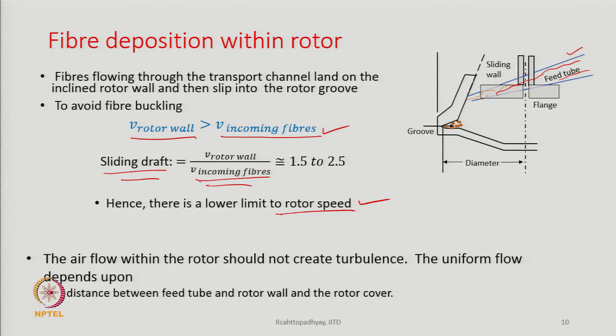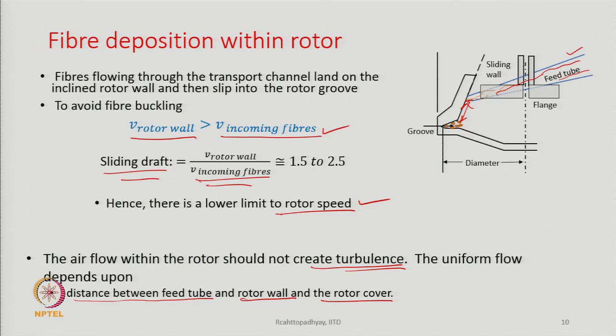The air flow within the rotor should not create turbulence. This is also important. The uniform flow depends upon the distance between the feed tube and the rotor wall and the rotor groove. So, all these things are important. This distance from here to there, they are all important.